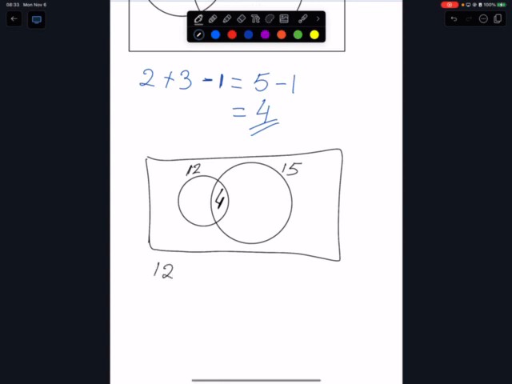So you take the 12, subtract that 4, which becomes 8. So only 8 only have faulty gluing. 15, you subtract that 4 in the middle. Only 11 have faulty stitching.